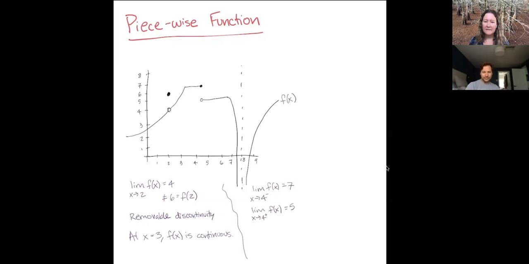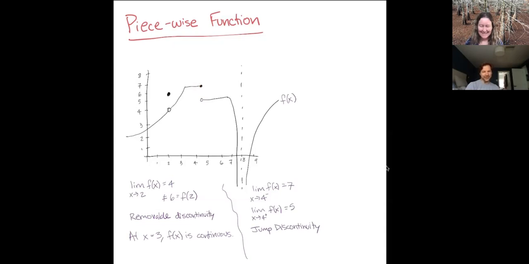And this type of discontinuity is called a removable discontinuity. Or not removable, what am I saying? It's a jump discontinuity, because there's no way to fix it. In this case, I almost want to call it something different because you're not really jumping down, you're almost falling down.